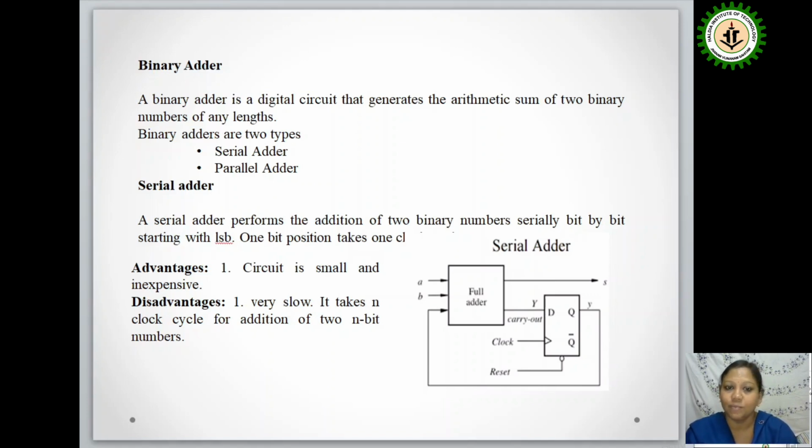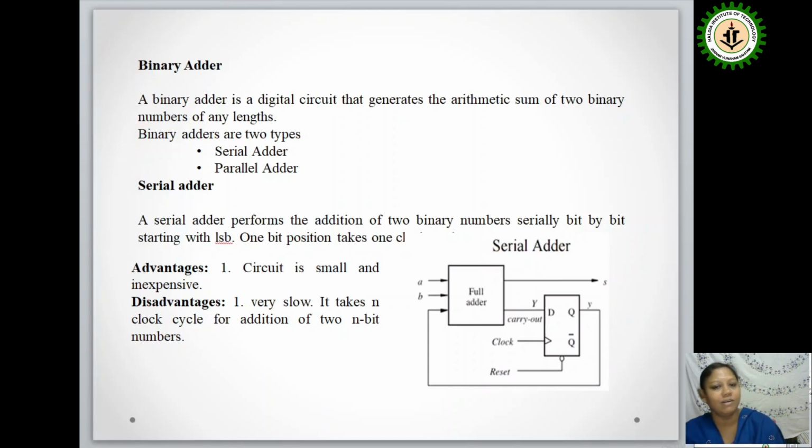In our computer system, the adder performs the addition operation, and subtraction is also performed. All of you know that A minus B equals A plus of minus B. Here minus B is mainly known as the 2's complement of the B value. That is why the adder circuit is very important in our system.